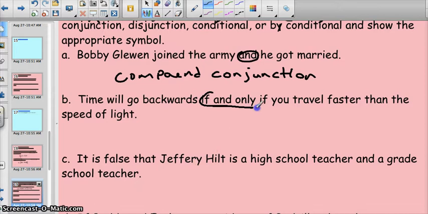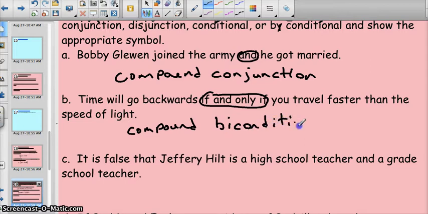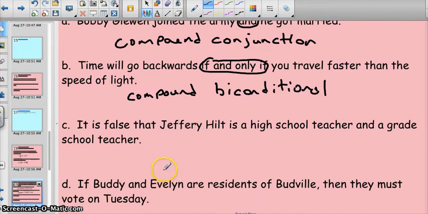I notice there are two statements surrounded by an if and only if. The two statements make it compound, and the if and only if makes it a biconditional.